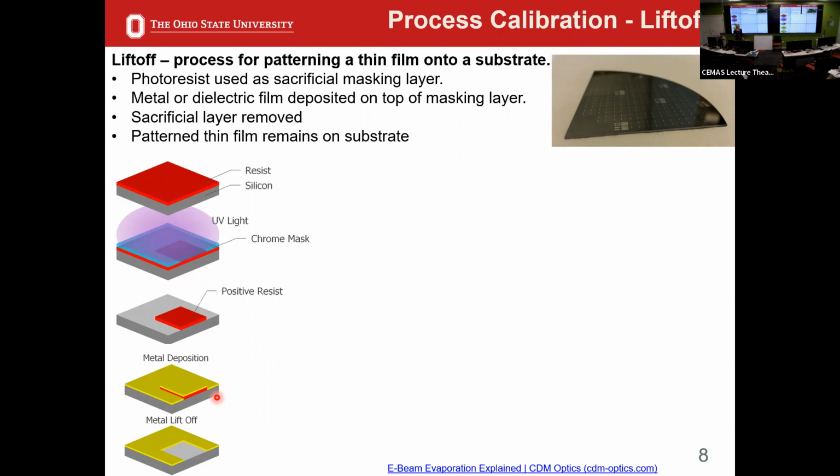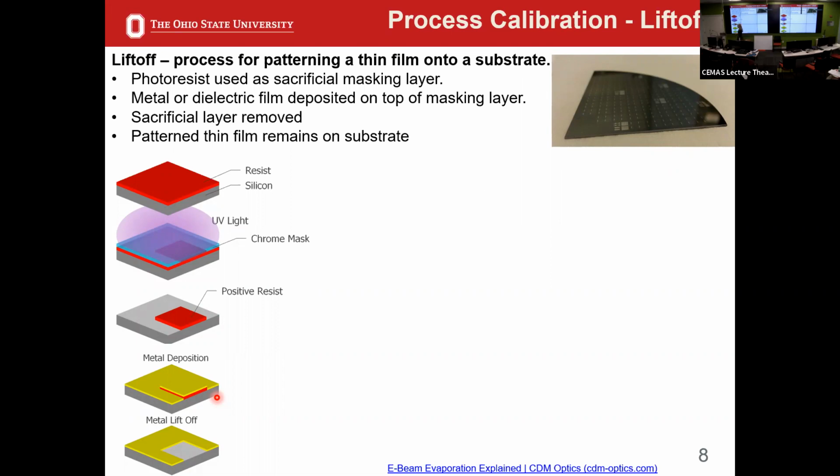What does that mean? It basically means that we're adding a material in specific areas to a substrate, and so we're masking areas where we don't want that material. In this case, it's gold or metal. We're masking that with photoresist, and then the goal is to leave that metal only where we want.